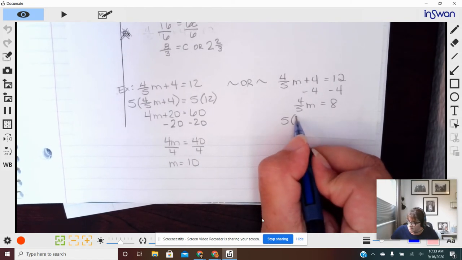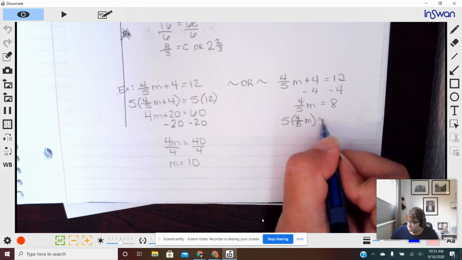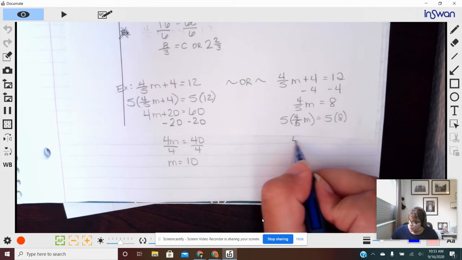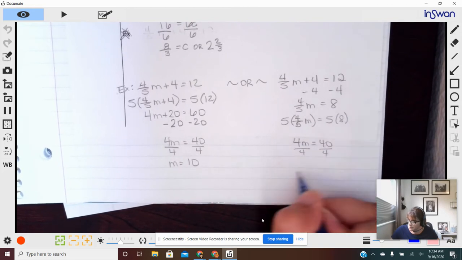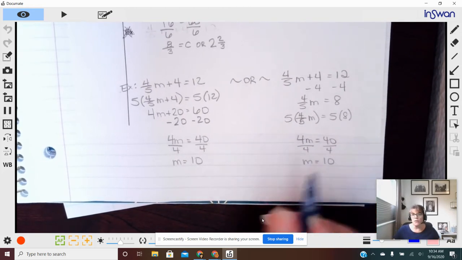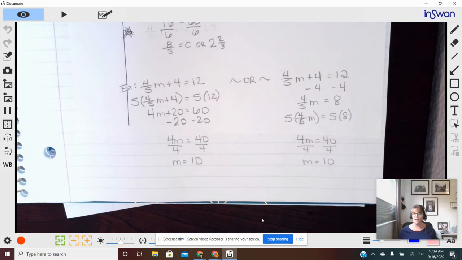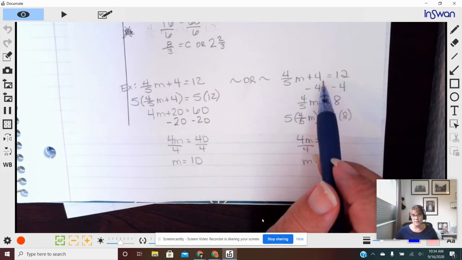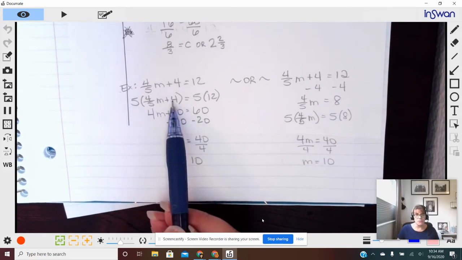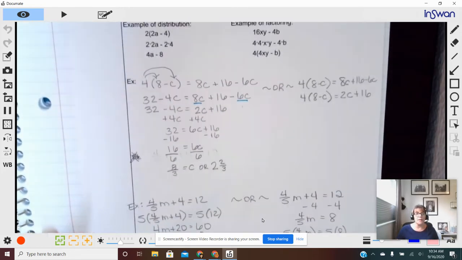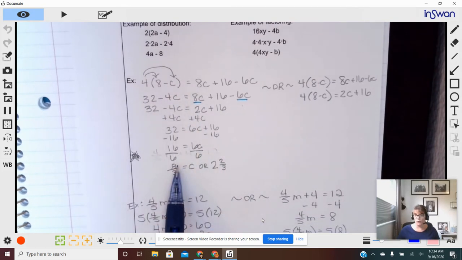So if I do both of these times 5, I now have 4m equals 40, m equals 10. So please notice that as we are doing these equations, there is more than one way, but the rules have to be obeyed. And distributive property can be a tool that you choose to use to make your life simpler, or it can be a little bit forced to simplify the equation and be able to move forward.